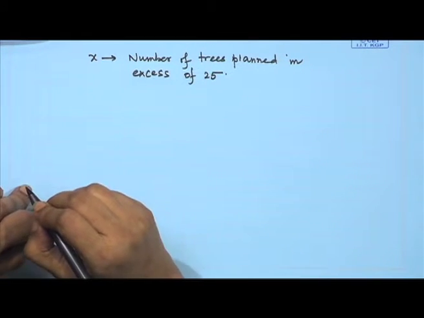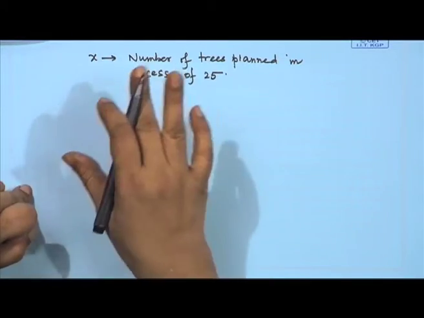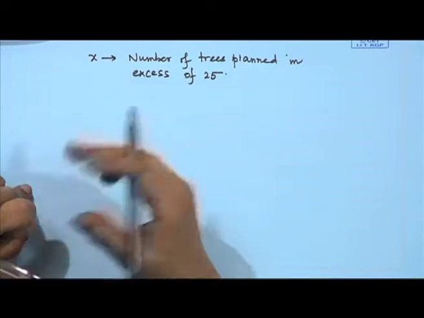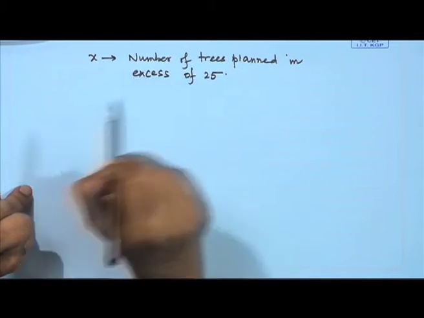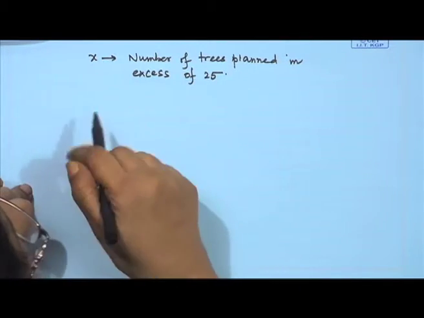Because initially the information has been given that in the normal case he is planting 25 plants. That is why in excess we are considering x plants are being planted.